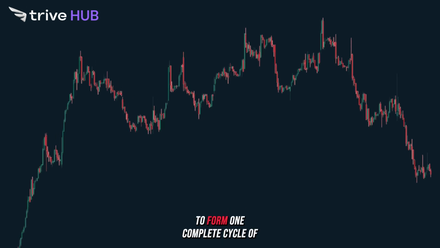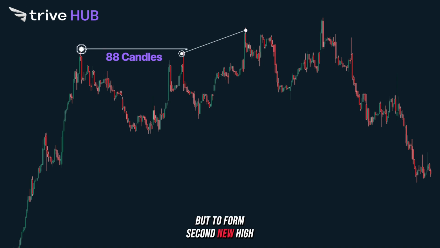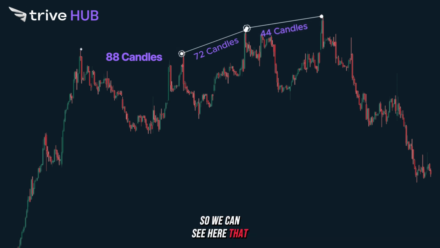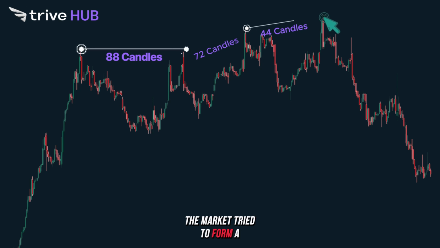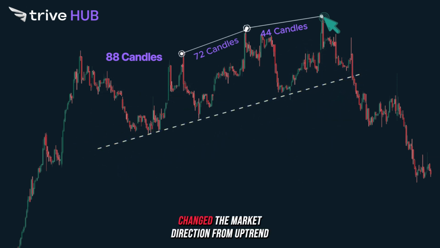Earlier, to form one complete cycle of swing highs, it took 88 candles, but to form the second new high, it only took 72 bars, whereas on the third attempt only 44 bars were formed. So the cycle period is gradually declining, and after this last swing high the market tried to form a very big candle, and after some range it broke down below the major trend line and changed the market direction from uptrend to downtrend.